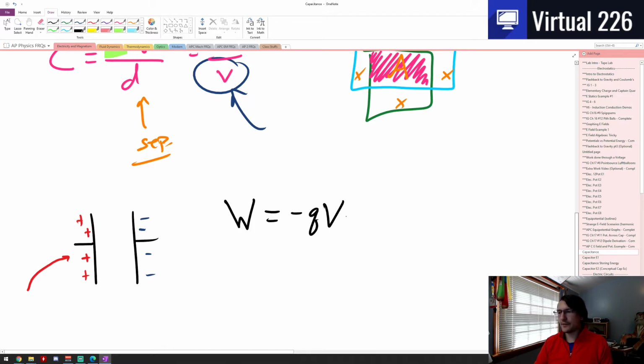So if you had a work of, and sometimes you'll see it in books written like this, if you just had QV, what this is representing, because there's no negative out in front, is that we, or something on the outside, did work. Okay, so something else is doing the work here. In this case, when it's negative, that means your actual system is doing the work.